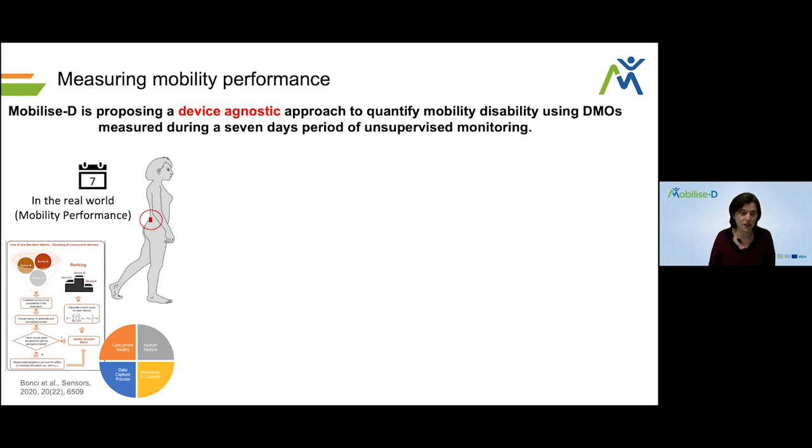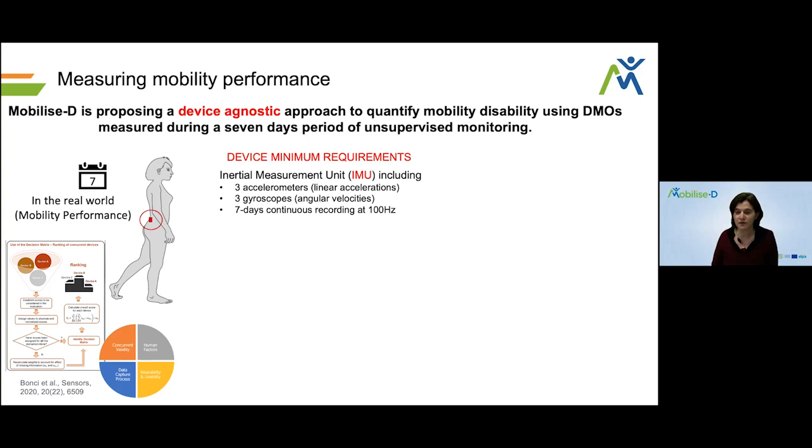We have already worked in trying to define some methodologies that could drive an objective decision when selecting a specific device. But of course, we need to account for what are the minimal requirements that we want from these devices. And in particular, we have established our minimum metrological requirements as being an IMU that is capable of recording accelerometers and gyroscope data continuously for 7 days.